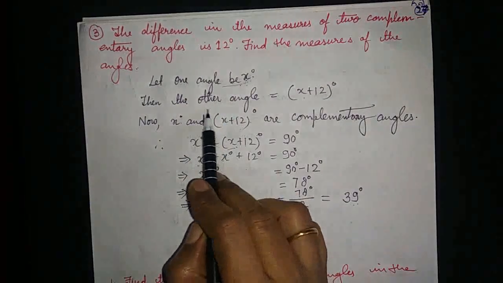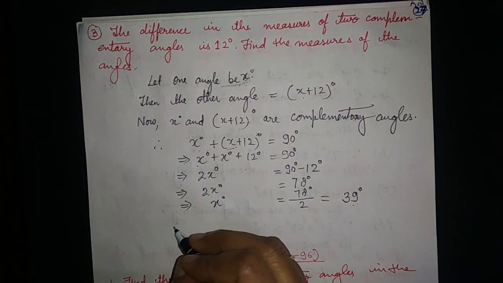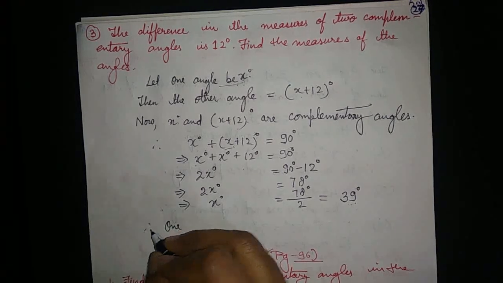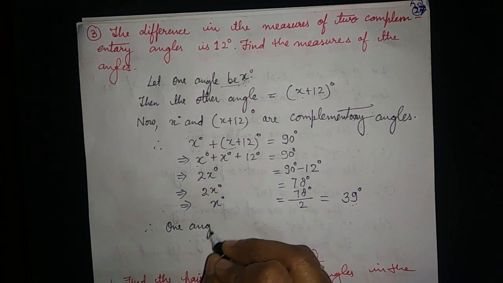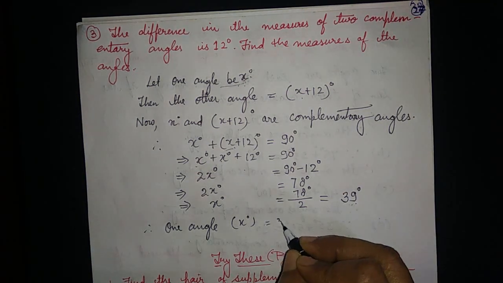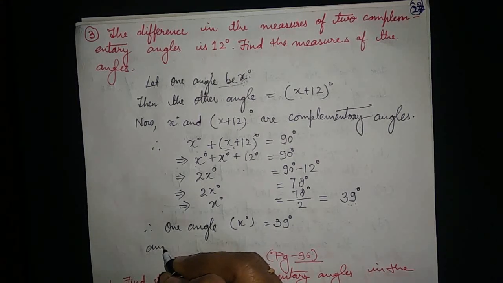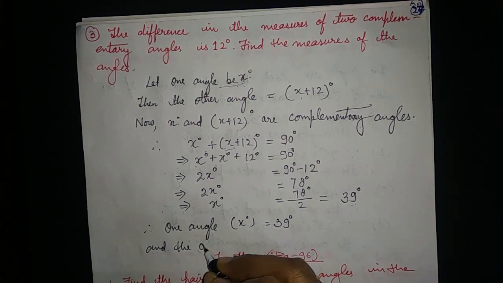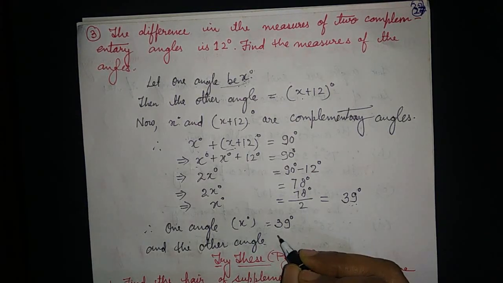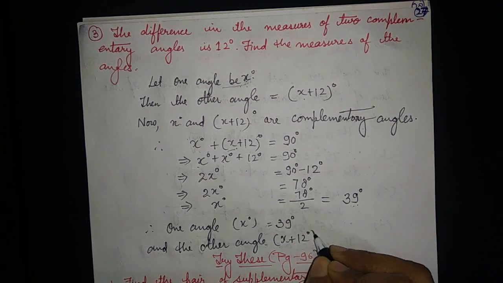Now we will find the measure of the other angle. Before that, you will write, therefore one angle x degree is equal to 39 degree, and for the other angle, we will put the value in x plus 12 degree.